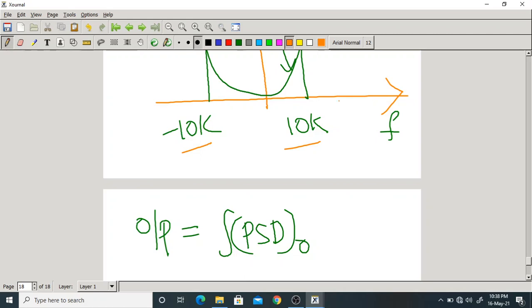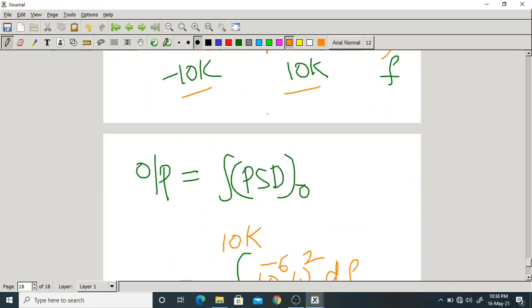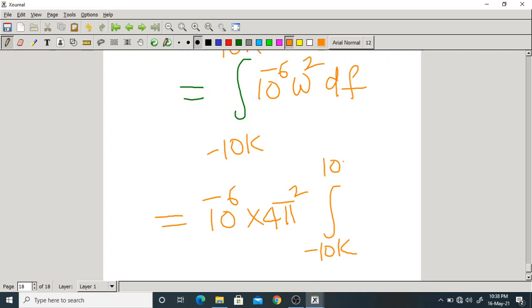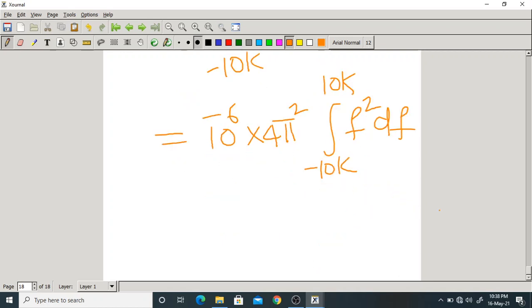Is it okay? Yes. Now here, 10 power minus 6 outside. Omega square means 4 pi square outside. Integration from minus 10k to 10k of f square df. Is it okay?